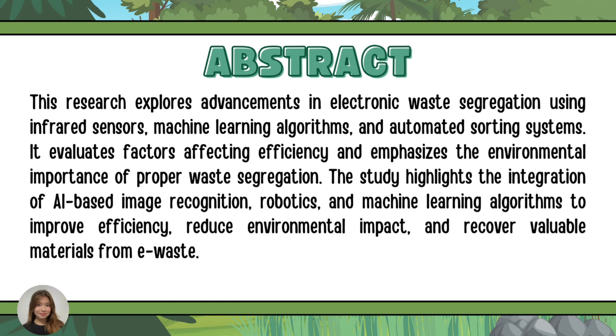Additionally, the paper discusses the environmental importance of proper electronic waste segregation, emphasizing the reduction of landfill usage, resource conservation, and pollution prevention. The findings contribute to the ongoing discourse on waste management, offering insights into technological solutions for enhancing the segregation process and addressing the environmental challenges posed by electronic waste.